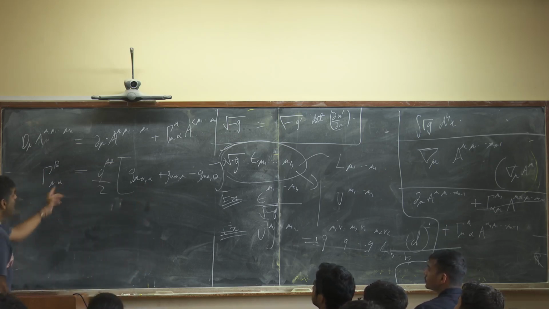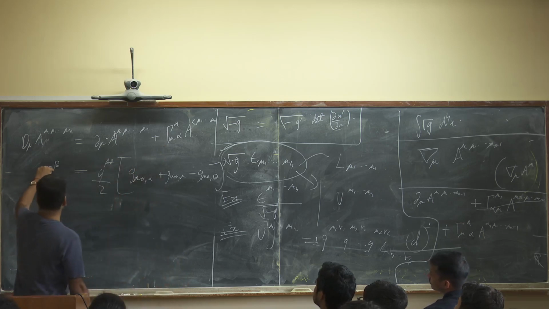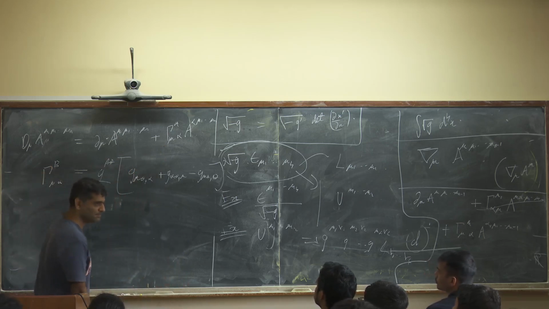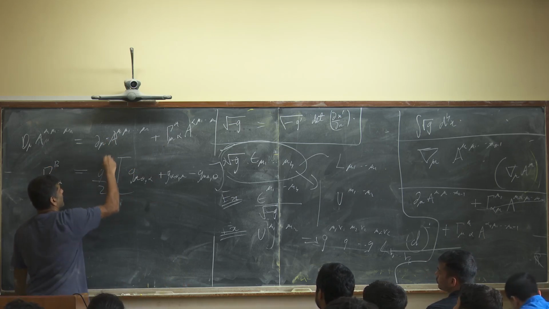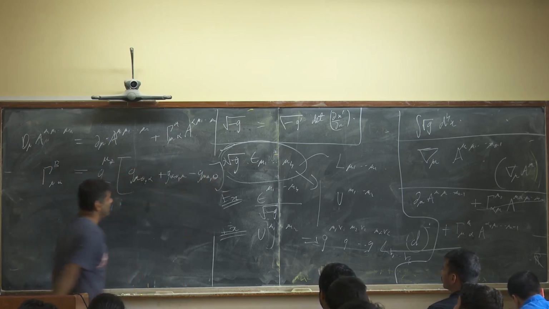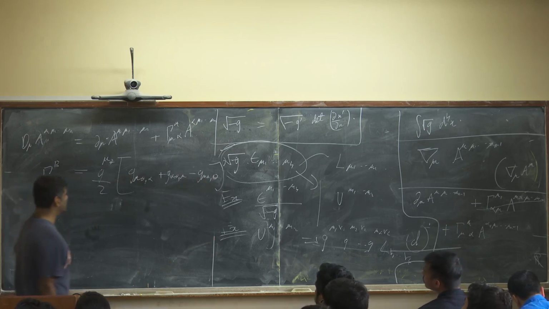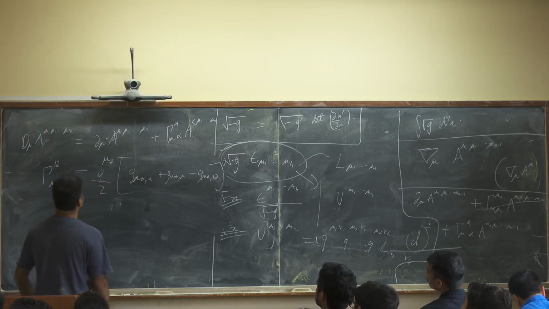Now, what we're interested in is not the most general case, but beta equals mu. So let's substitute. Beta is mu. Now let's see, what do we have here?